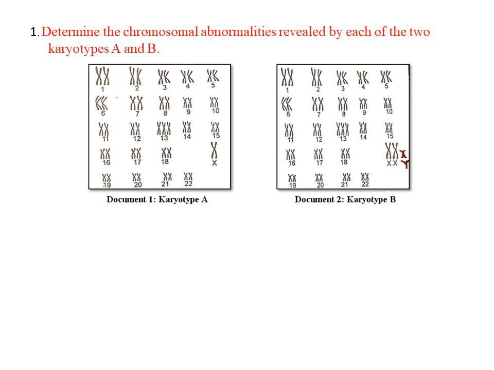Okay, in the last pair, missing of an X chromosome. Presence of 1 copy of X chromosome. Also, in karyotype B, there exist 3 chromosomes 13 instead of 2 copies, and in the last pair 3 copies of sex chromosome, 2 X and 1 Y instead of 2 copies of sex chromosome.